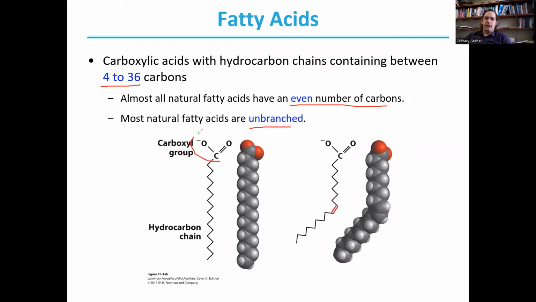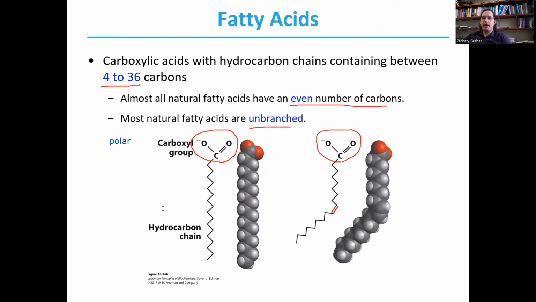So in both cases, we have our carboxylic acid or carboxylate group at one end, and then we just have our long chain of carbons coming off from that carboxylic acid. So our carboxylic acid, of course, as we know, would be a polar group. It can also be negatively charged depending on the pH.